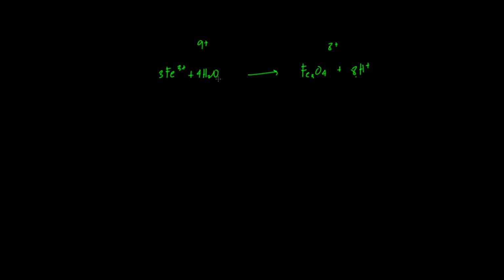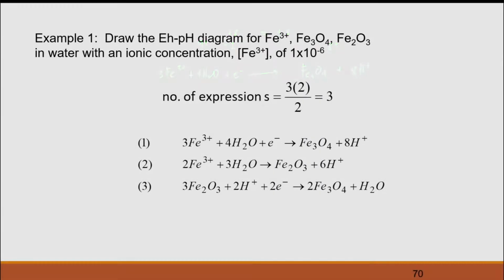So para ma-balance out natin, we add 1 electron here. So that becomes 9 plus negative 1 gives us positive 8, and that is now equal to positive 8 sa right side din. Okay, so that's why we should get this balanced equation. So that's 3Fe3 plus, 4H2O, plus E minus, yields Fe3O4.